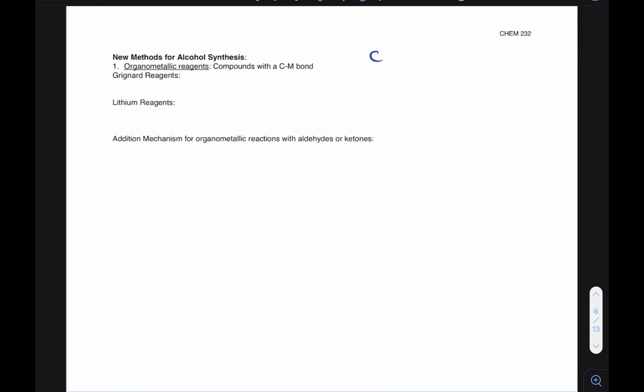As carbon bonds to the metal, the carbon becomes partially negative and the metal is partially positive. So in essence, we generate a carbon nucleophile, which we don't typically see from carbon.